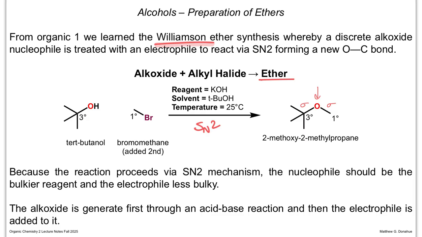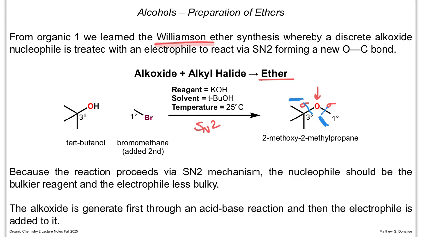So strategically, any ether that you see can basically be made one of two ways. You're identifying the oxygen and then breaking the bond to either the carbon on the right or the carbon on the left.